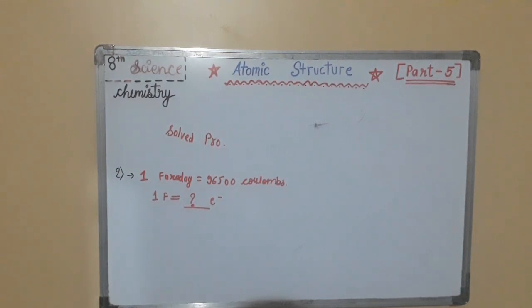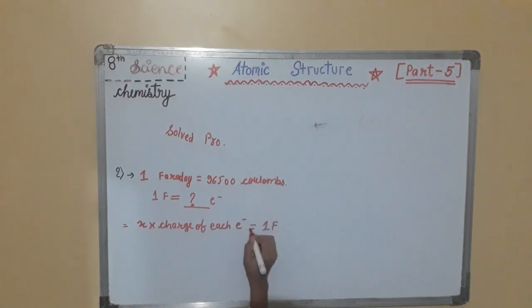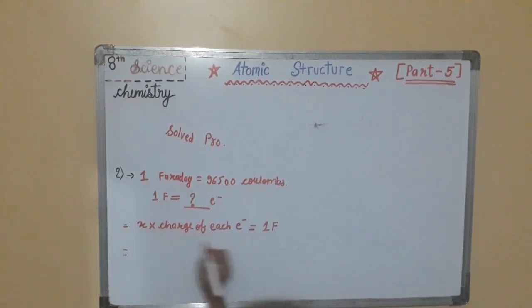So let the number of electrons be x. 1 Faraday is equal to x into charge of each electron. So 1 Faraday means 96,500 coulombs.